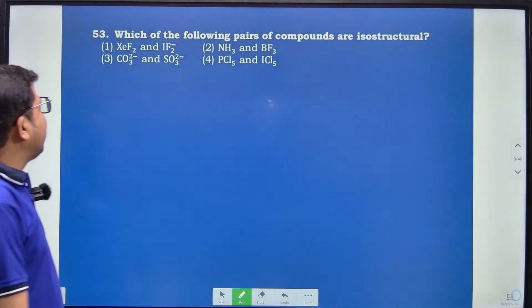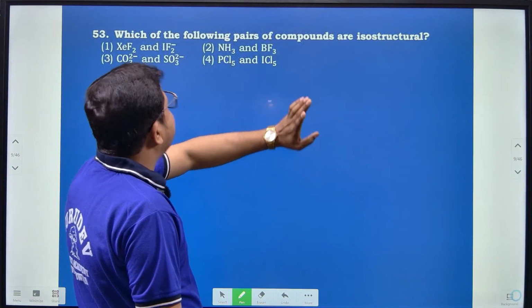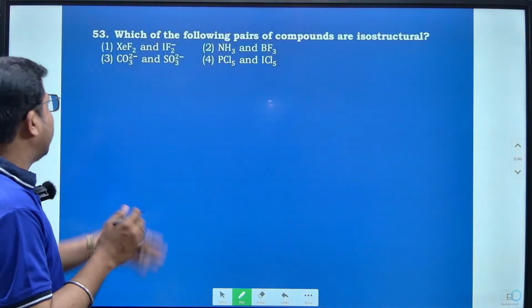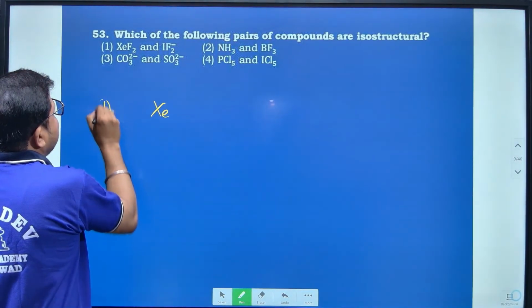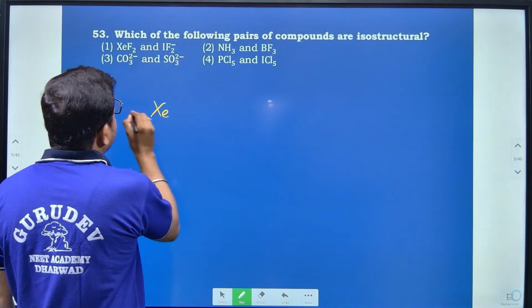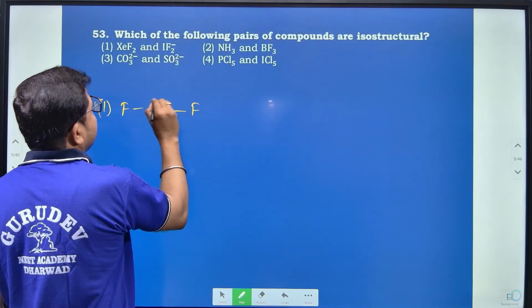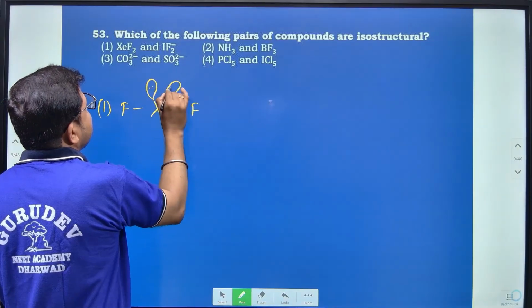Next, move to question number 53. Which of the following pairs of compounds are isostructural? Among the given, look here, XeF2. I will go with the explanation. The structure of XeF2 is like this.